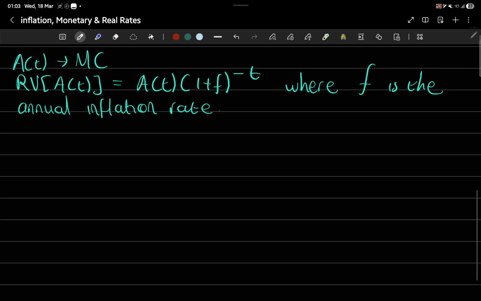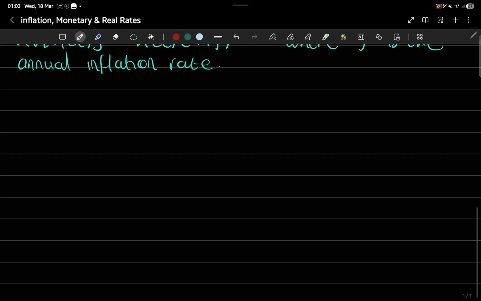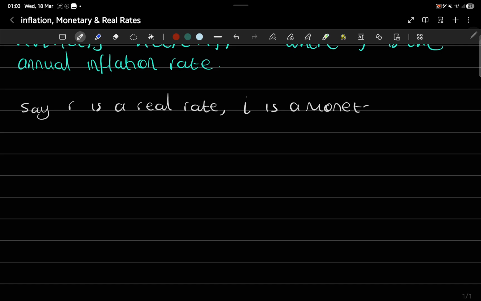And this brings us on to an important relationship between real rates and monetary rates. Say r is a real rate, i is a monetary rate, and f is the inflation rate.